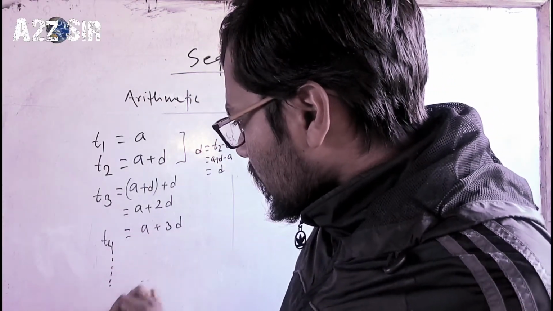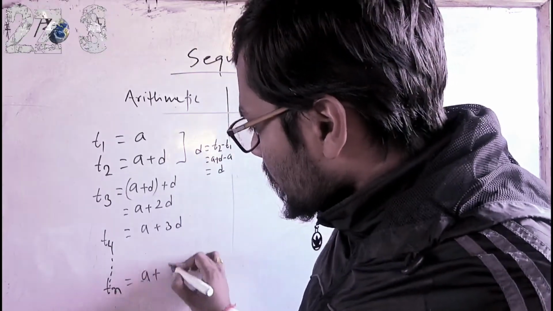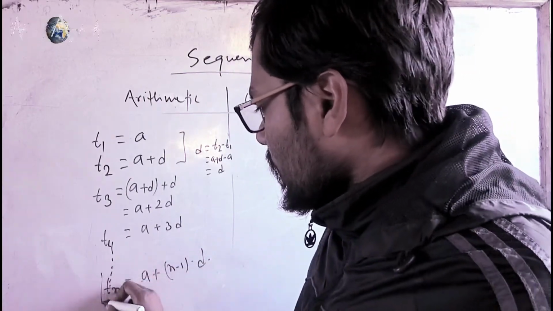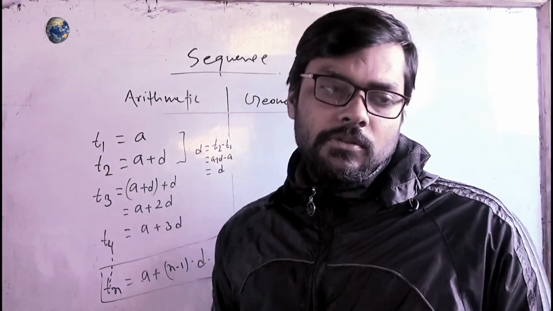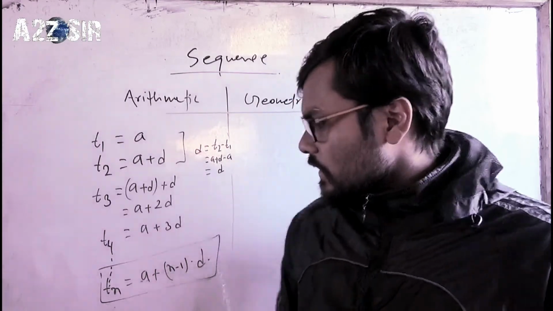Similarly, up to Tn, you will receive a plus n minus 1 times d, which is the general term of the arithmetic sequence. General term means the nth term of the arithmetic sequence.